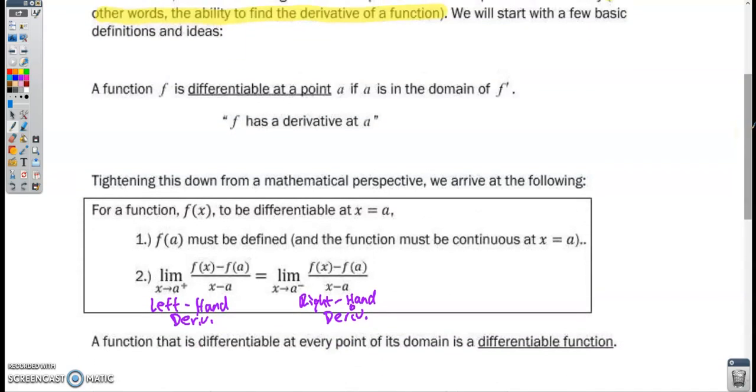Next statement that I make here, a function that's differentiable at every point of its domain is what's known as a differentiable function, just like a function that's continuous at every point of its domain is known as a continuous function. And, back when we first did continuity, we came up with kind of the layman's thought process, can I draw this function without lifting my pencil off the paper?